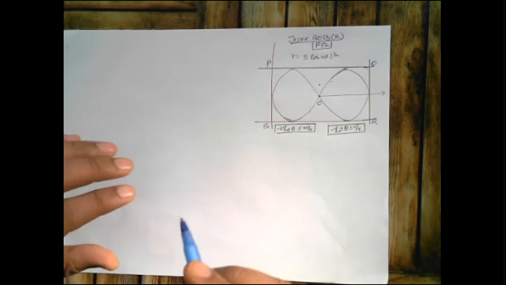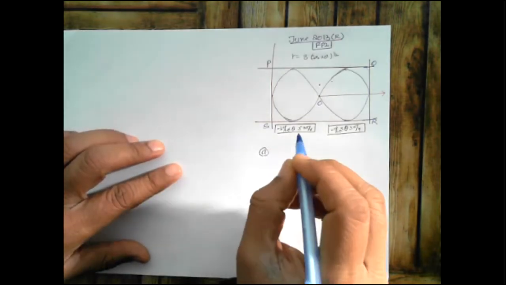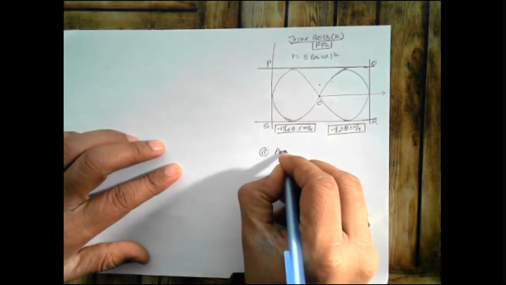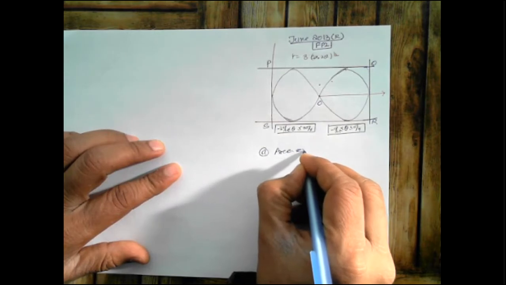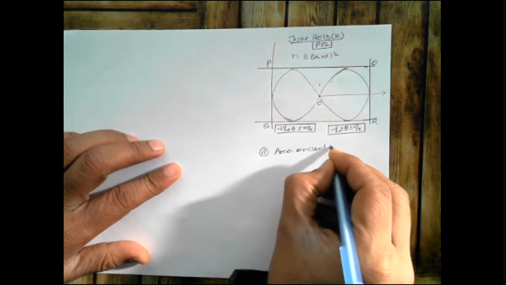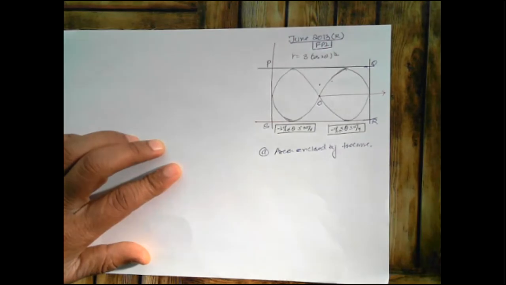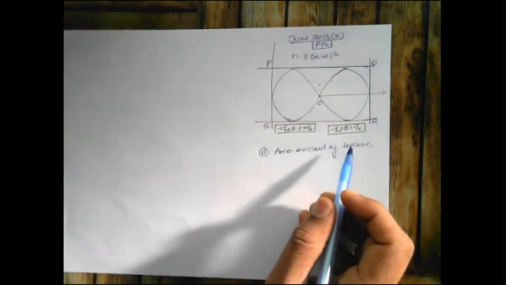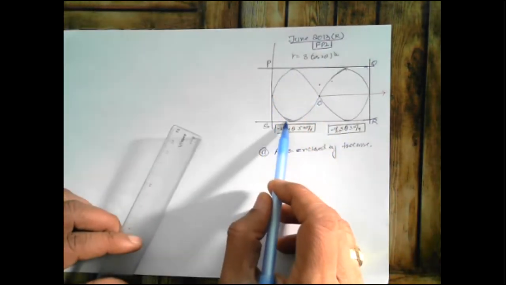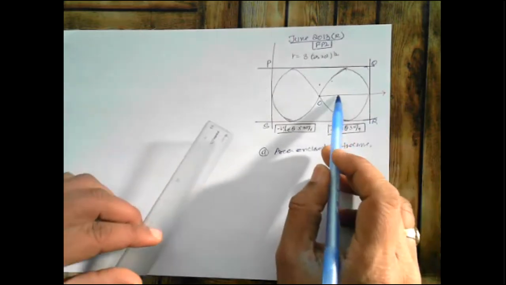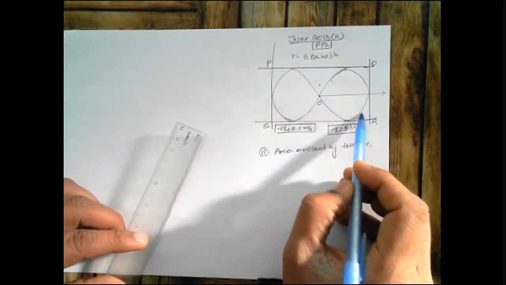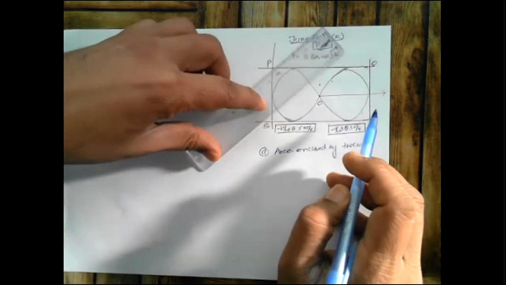All right, guys, in part A of the question, you've been asked to work out the area enclosed by the curve. The curve has two major petals which are repeated. So if I work out the area of one of them, I should be able to work out the area of both because they'll be symmetrical.